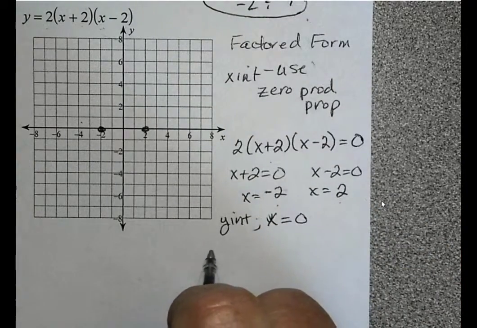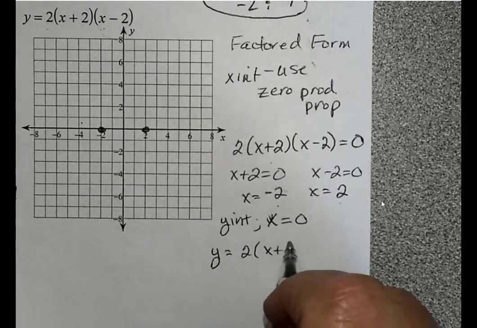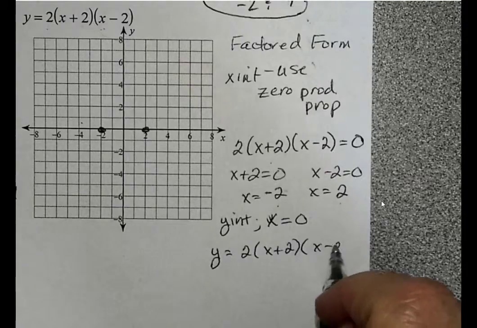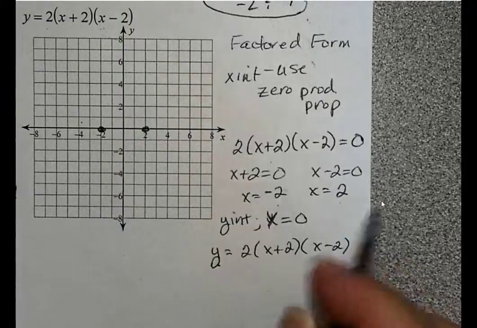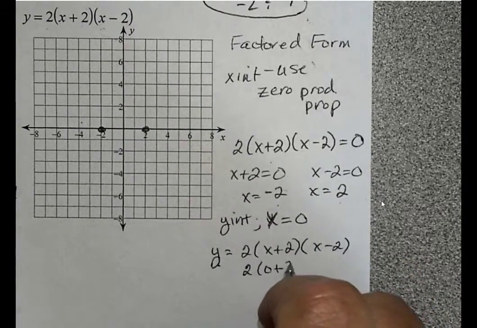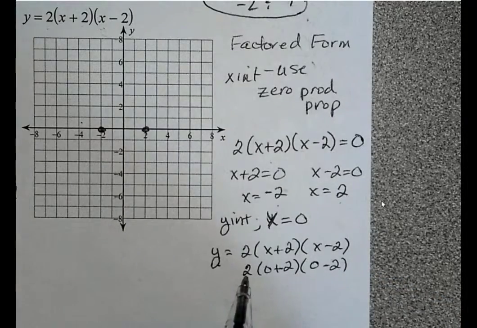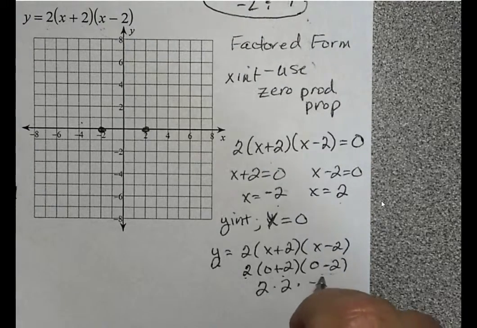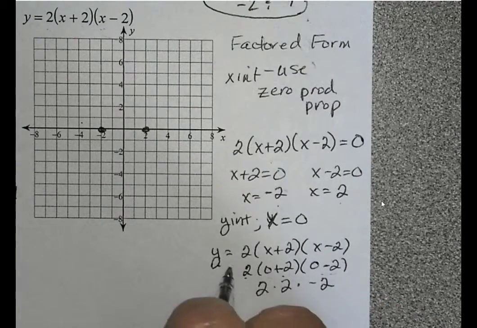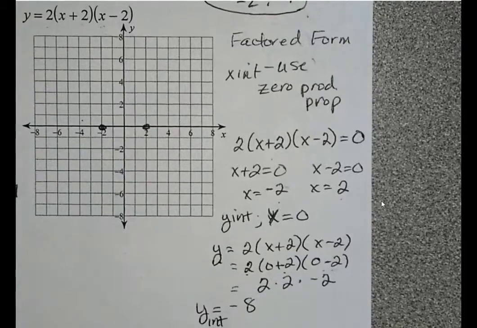So what we could do is take y equals 2 times x plus 2 and x minus 2 and substitute in x equals 0, because when I find the y-intercept, x is equal to 0. So I'm going to have 2 times -2 times 2, which is going to be -8. So our y-intercept is equal to -8.